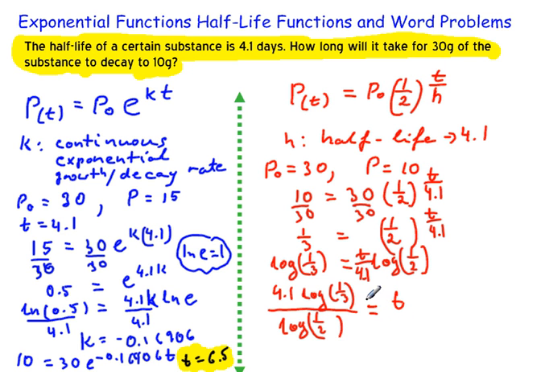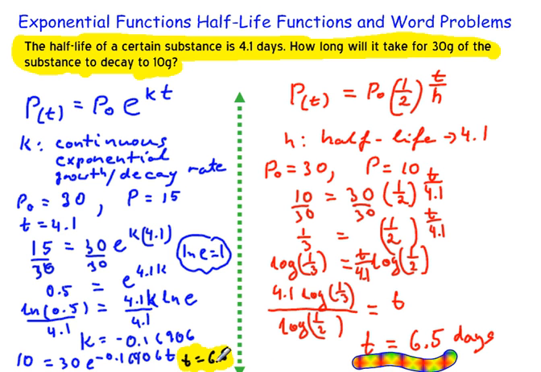Or you can say multiply both sides by 4.1, then divide both sides by logarithm 1 over 2, so the right hand side will give you t. Use a calculator and you'll see that t is approximately equal to 6.5. So this is the same amount of time as on the opposite side, 6.5 days.